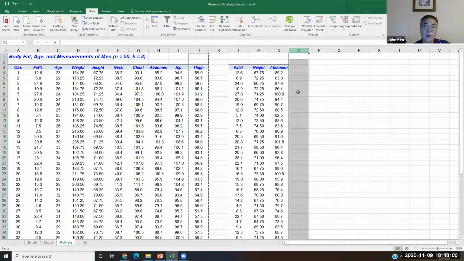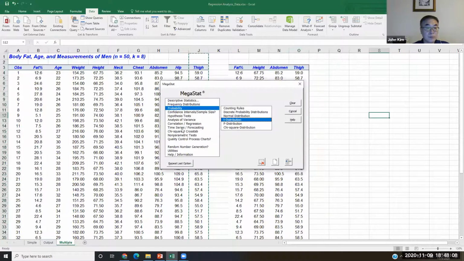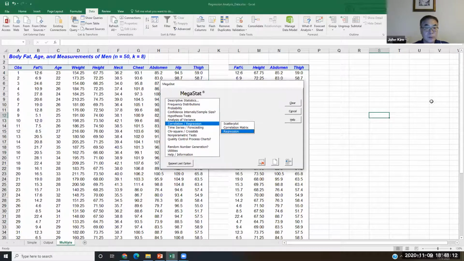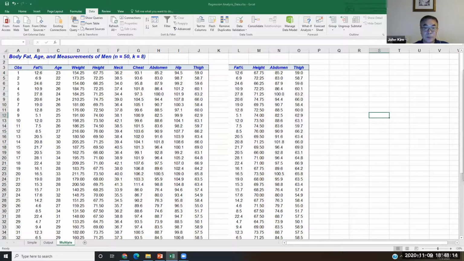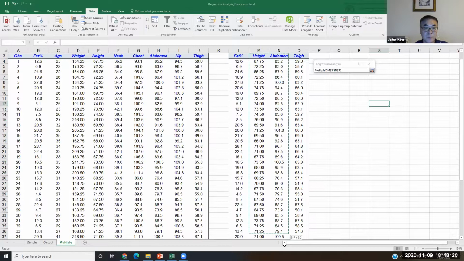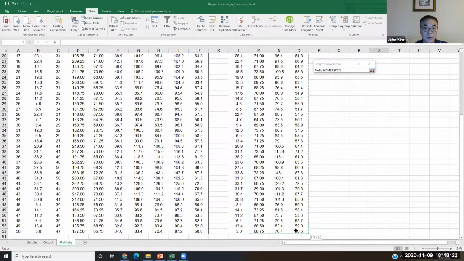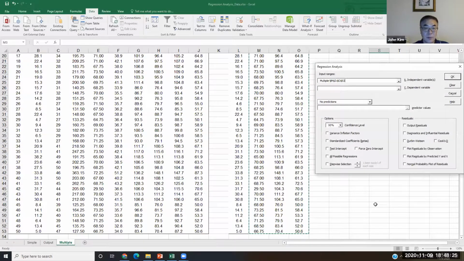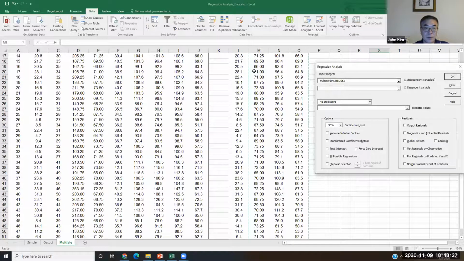Then develop a new equation using regression, with only 3 X variables. This one.